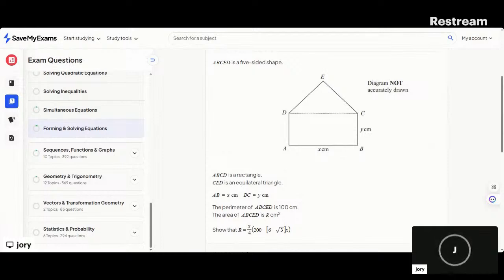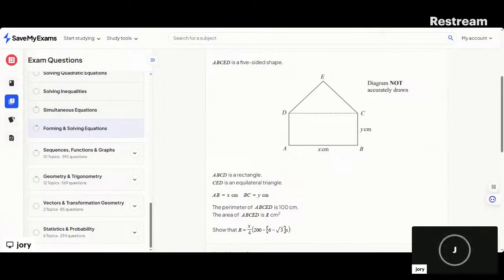This is y, this is x, this is x, this is x, this is x, this is y. We've named everything. This is half of x, half x, half x. And then I need to find the height. So it's half x squared plus the one I want to find, I'll call it h squared, equals x squared.